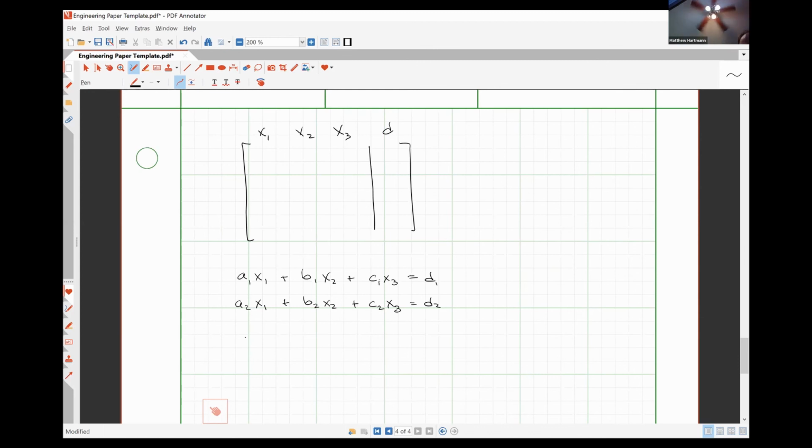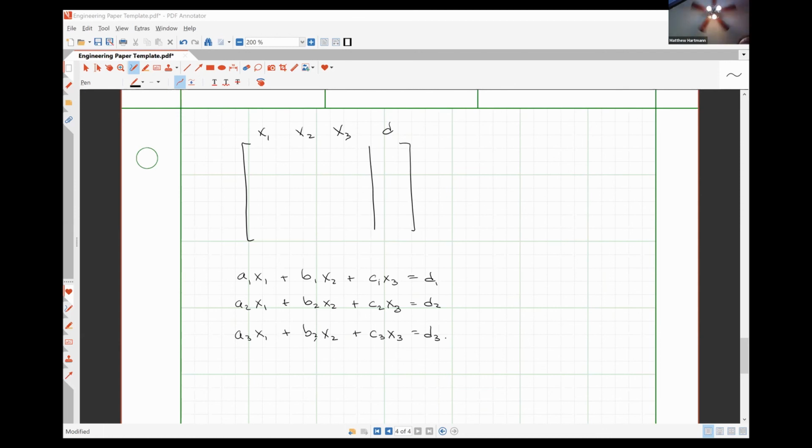And A3 X1 plus B3 X2 plus C3 X3 is equal to D3. So X1, X2, and X3 are our variables. A, B, and C are our coefficients in our equations, and D are the constant values that are moved to the other side of the equal sign.